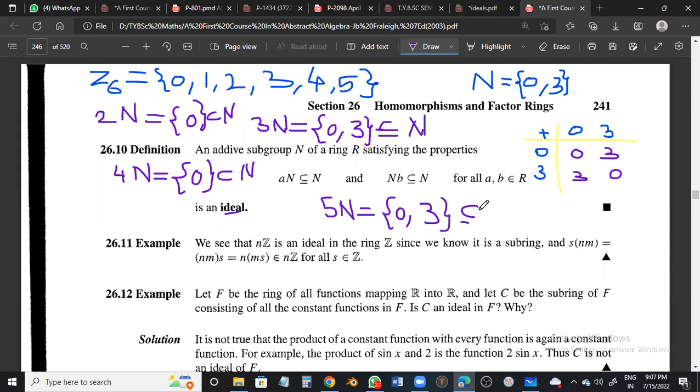So in each case, what you observe is, if I multiply on the left by any element of Z6, I'm getting a subset of N back. Followed me? And if I multiply on the right, then what will happen?